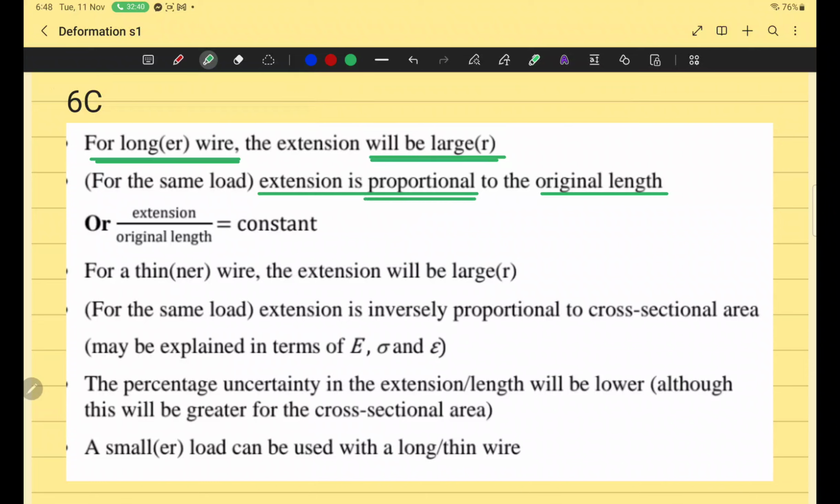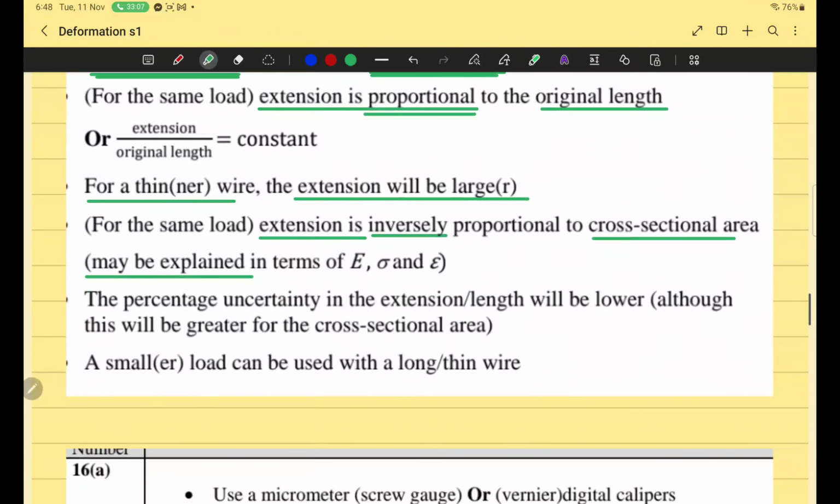Directly proportional means extension will change at the same rate. So you should not write directly proportional, you should write only that extension is proportional to the original length. And for thinner wire, extension will be larger, so we can say extension is in inverse relation to the area of cross section.